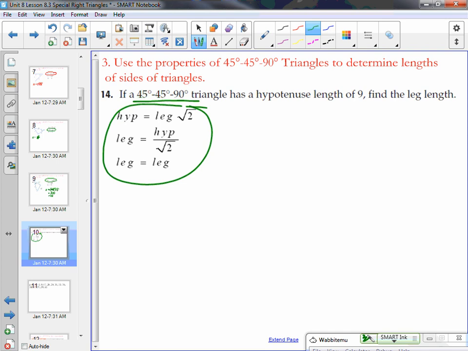They ask us for the leg. So aren't we going to use that? So leg equals hypotenuse divided by square root of 2. And that's that. Any questions? Okie dokie.